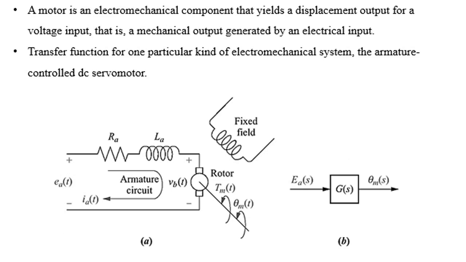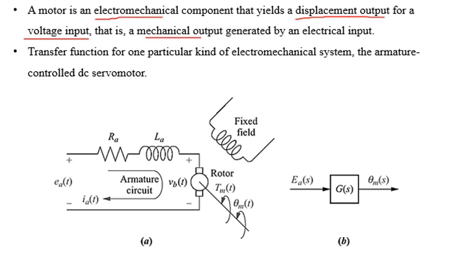Dear students, now under electromechanical system, we will start with DC motor. In this we will find out how to find a transfer function for a DC motor. DC motor is an electromechanical system which gives us displacement output when voltage is applied.